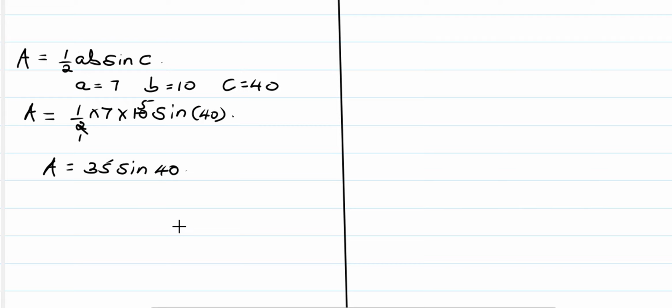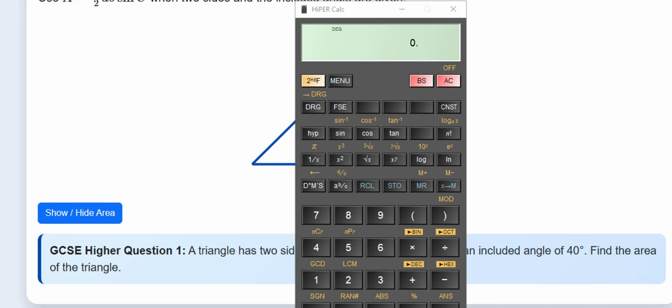Then from there, you can find the sine of 40 degrees directly from the calculator. Then we multiply with 35. So from our calculator, the sine of 40 will be 0.64.